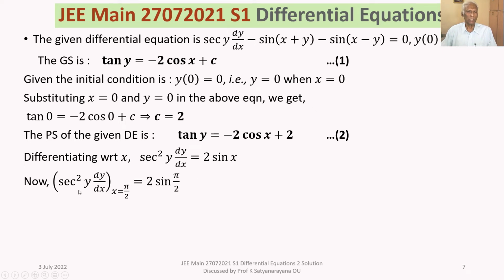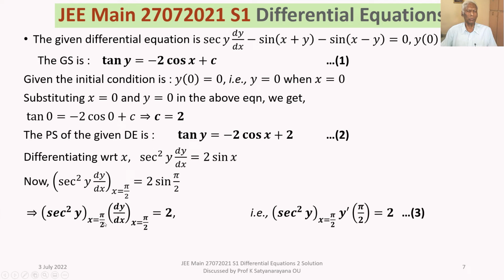So secant square y evaluated at x = pi/2 into dy/dx evaluated at x = pi/2 is equal to 2. What is dy/dx? y is a function of x, dy/dx is y prime x, to be evaluated when x = pi/2. Then secant square y when x = pi/2 multiplied by y prime when x = pi/2 is equal to 2. So what is the value of secant square y when x = pi/2? That is the question.